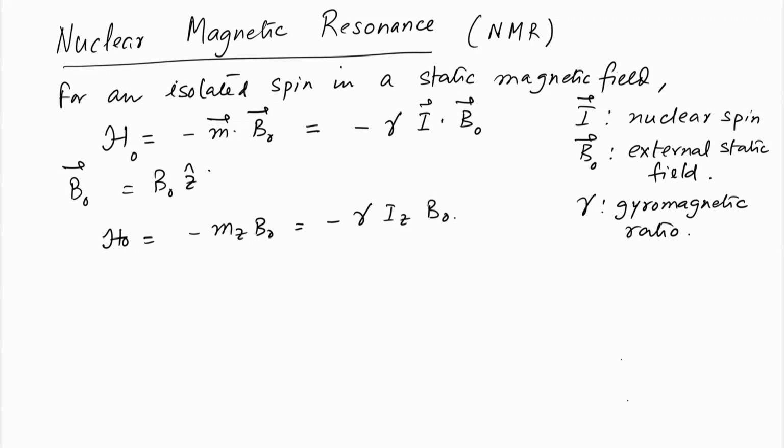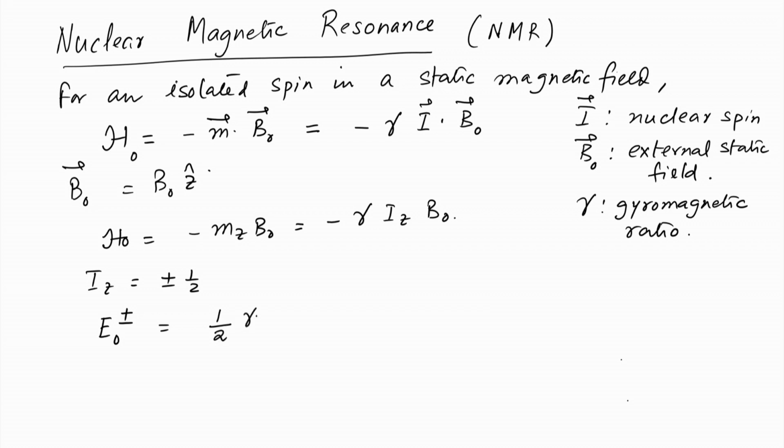So, if we assume that I z equal to plus minus half, that is we are talking about the nuclear spins being half, so the z component of the nuclear spin is plus half or minus half. We get two energies corresponding to the plus minus sign. So, these are the eigenvalues of the Hamiltonian.